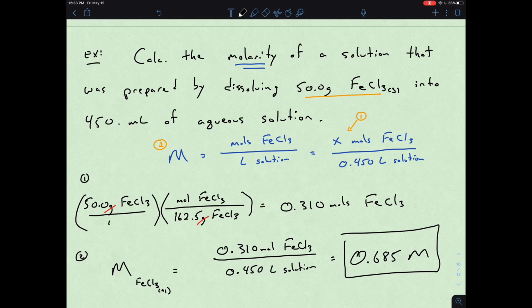So that's how we can calculate molarity for a particular solution, right? Really, that moles of solute over then the total volume of solution.